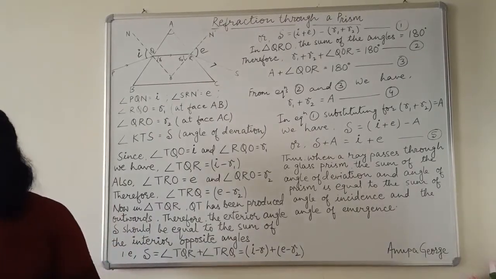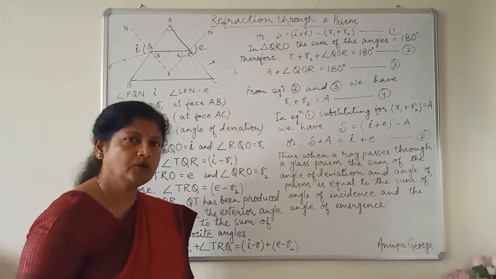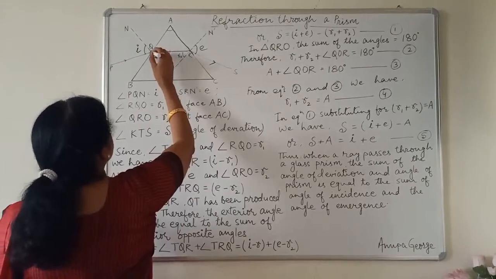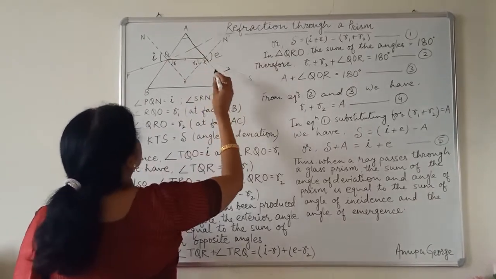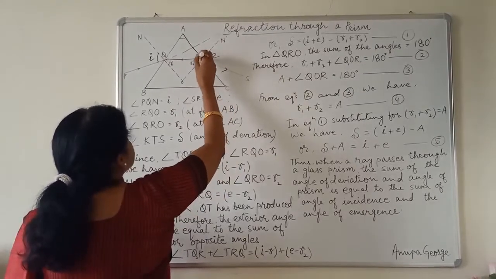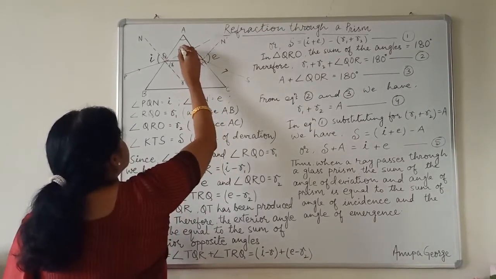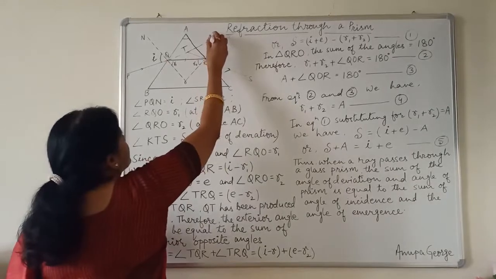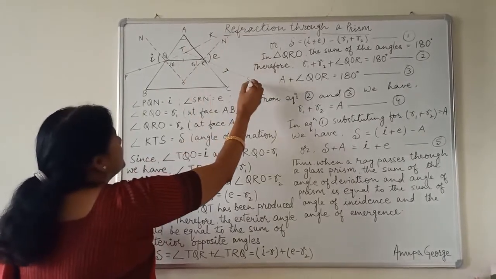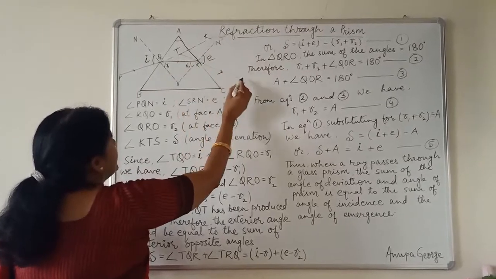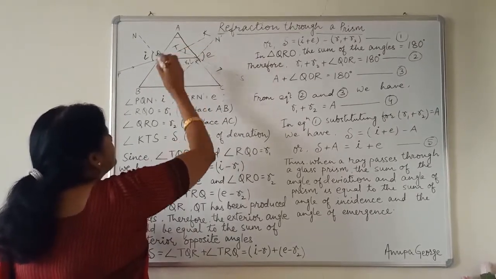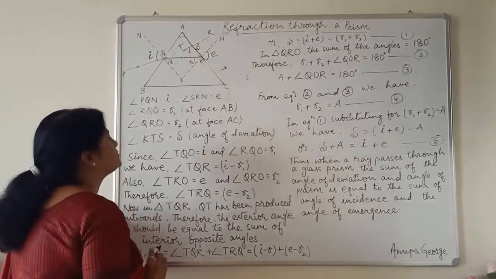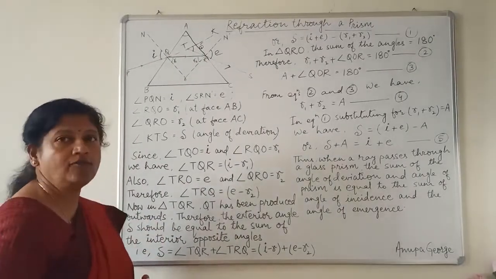Now we extend the incident ray PQ and the emergent ray SR, so they meet at a point T. Angle KTS is called the angle of deviation and is represented by delta.